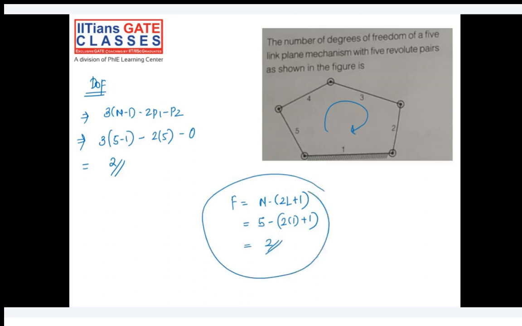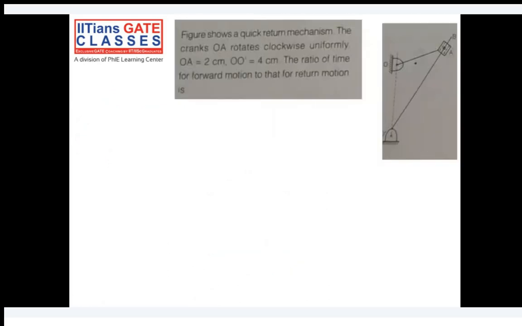Okay, take this next question. Can you tell me which inversion this is, looking at the figure? Whether it's the first inversion of slider crank chain or second or third.